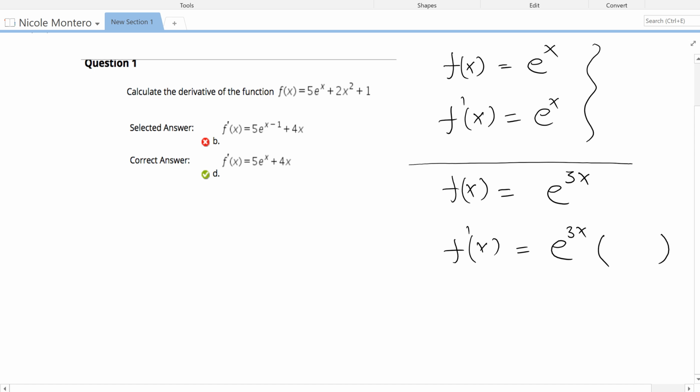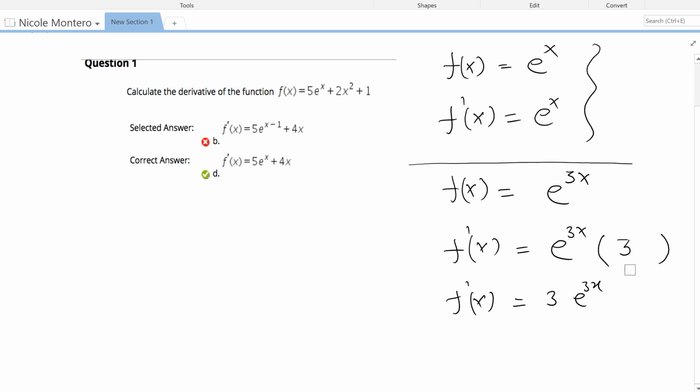So the derivative of 3x, do you know, Nicole, what is that? Is it 3? Yes, 3. So you write 3 and then 3 goes at the front. 3 multiplies with that. So you get 3e^(3x). That's the derivative, right?